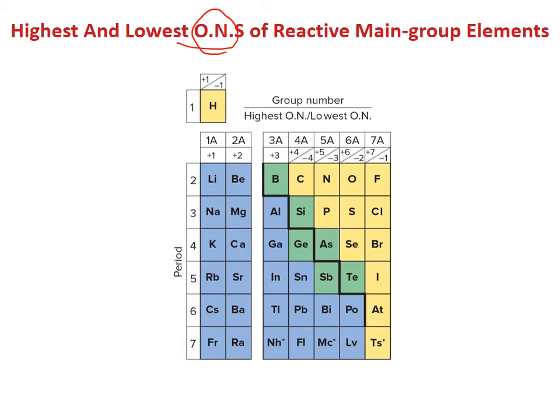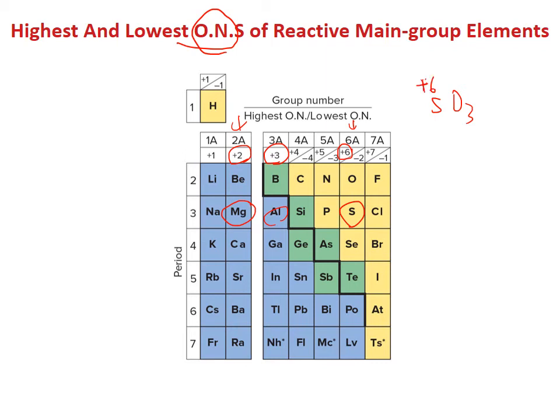For example, magnesium, group 2, so the oxidation number is +2. Aluminum, group 3, oxidation number is +3. Sulfur, group 6, so the highest oxidation number is +6. An example is SO3, and the oxidation number of sulfur in this compound is +6.